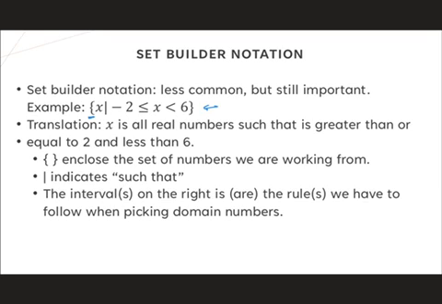Okay, so curly braces indicates that I have a set of things or a collection of objects, a group of whatever, which we usually use the variable x. You don't have to use x, it will be a variable there. And this vertical line stands for the words such that. So I have a group of things such that these things are between -2 and +6, including -2, but not including +6.